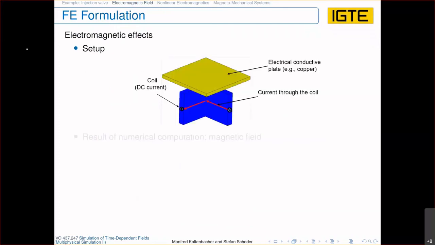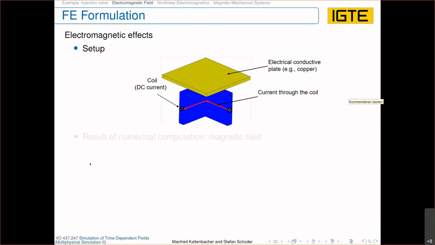Now, let's have a simple illustration here. We have such a coil where a current is going in this direction. As you can see, I should switch on my pen. It is going in this direction. We exploit a quarter symmetry, and in a first computation, we put here a DC current, and on the top we have an electrically conductive plate.